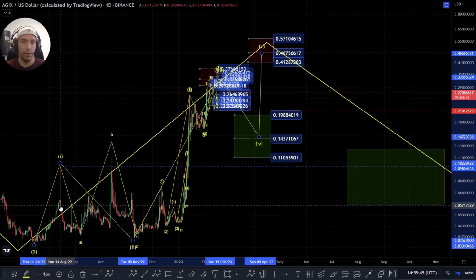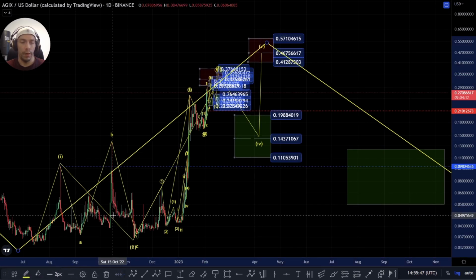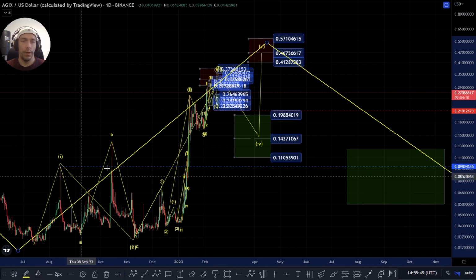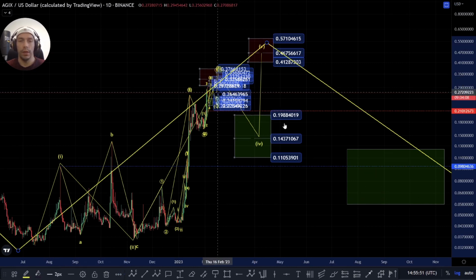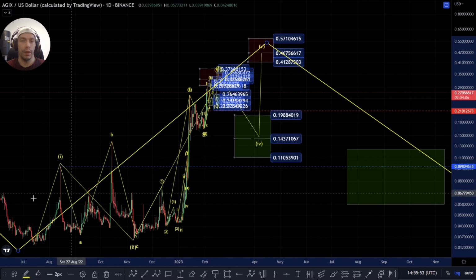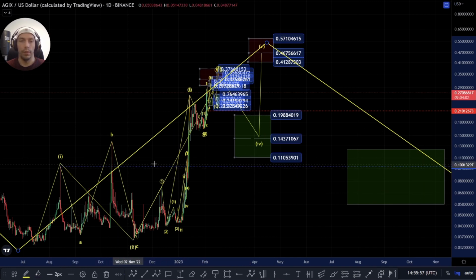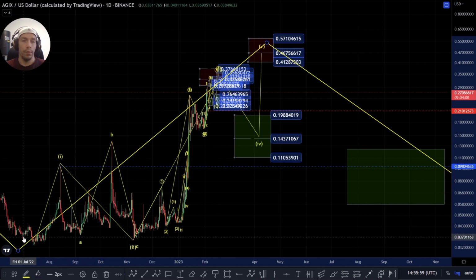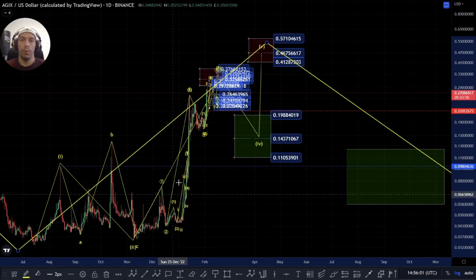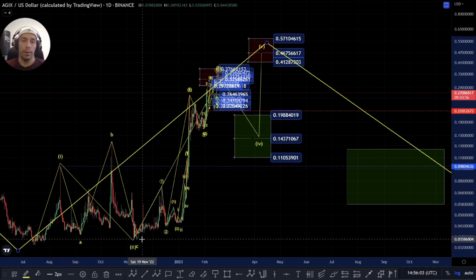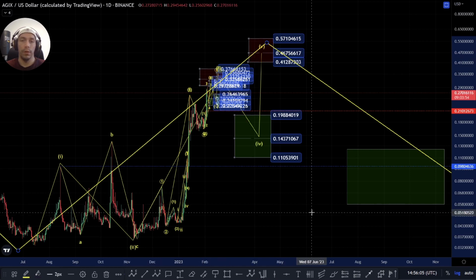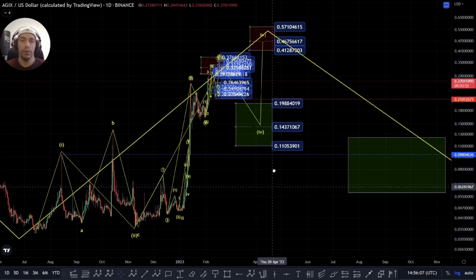But if this is the case, we'd want it to be similar in relation to this wave 2, so we'd need to take a bit of time here. But we also need to be careful because it's quite close to this wave 1 top currently. So either we would be looking at this as a 1-2, or we get a 1-2 and then basically another 1-2 here if we're looking for a bigger impulsive structure.